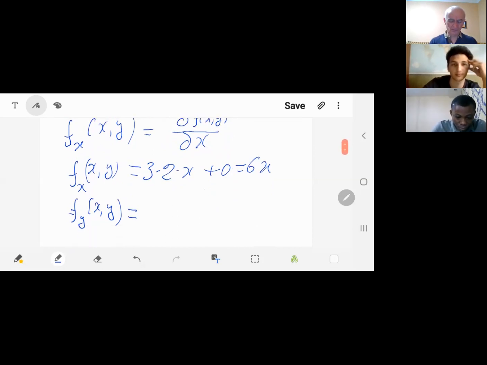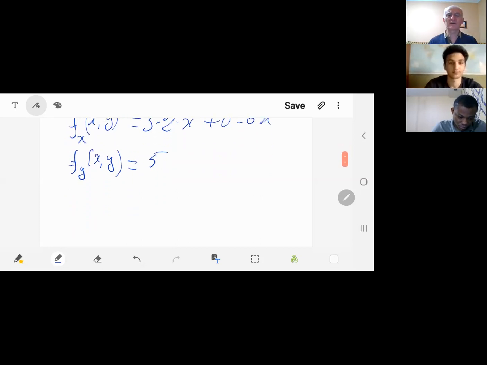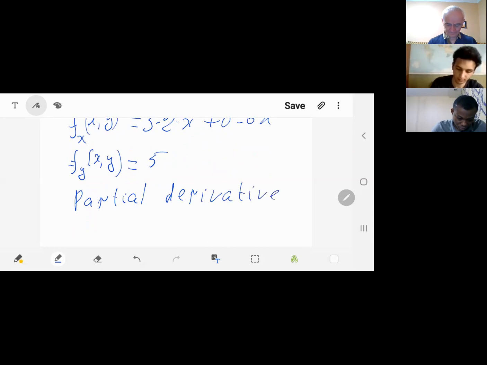And derivative of 5 times y, it's 5. And this kind of derivatives, they are called partial derivatives. So in case of two variable, we have two partial derivatives, respect x and respect y.